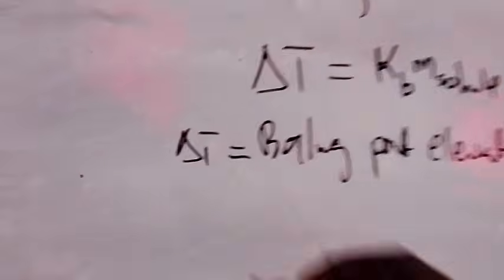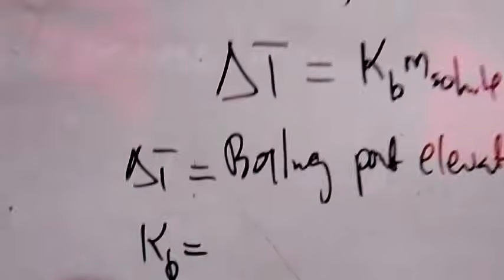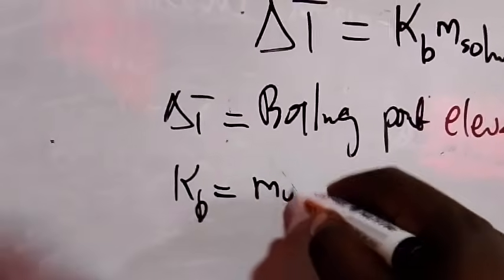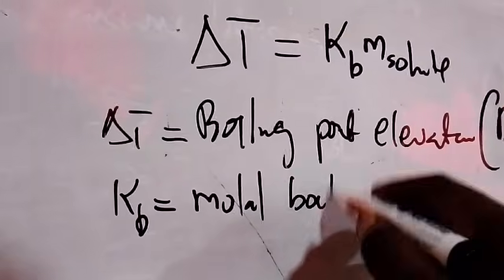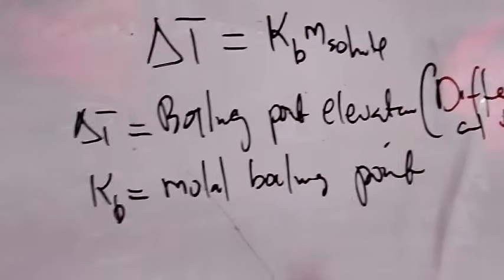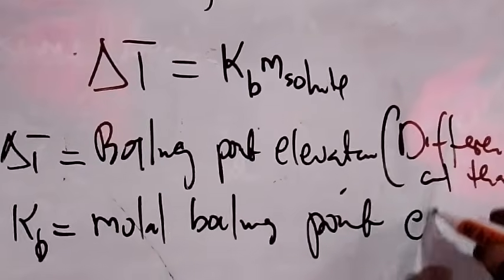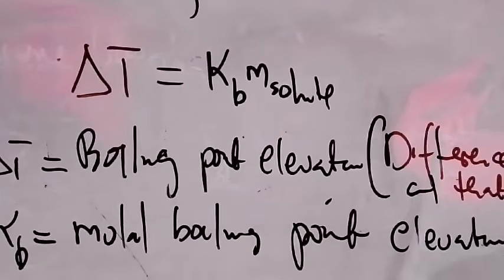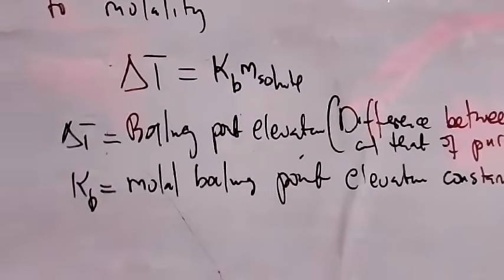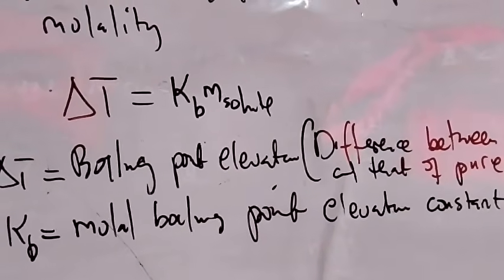Then Kb is the molar boiling point elevation constant. Kb is characteristic of each solvent.